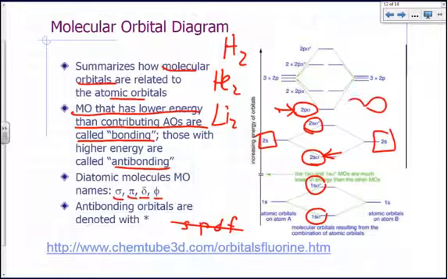So if I have a 2pz orbital this way, which is positive on this side, let's say, and negative on this side, and then another 2pz orbital on the other atom over here, positive and negative on the other side, that gives me a bonding orbital. That's a sigma orbital between those two atoms, constructed from their 2pz orbitals.